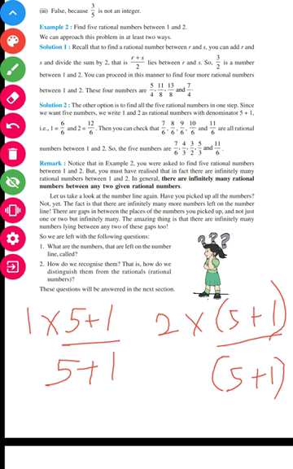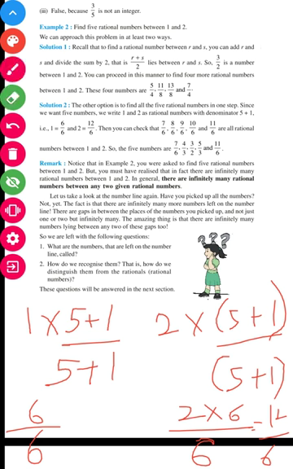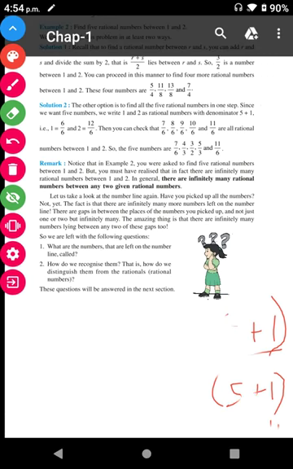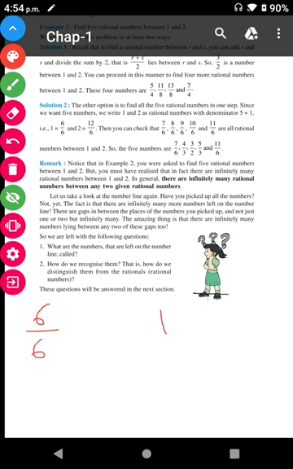Okay, it will become 6 over 6, and it will become 2 into 6 over 6, that will be 12 over 6. So 6 over 6 and 12 over 6.